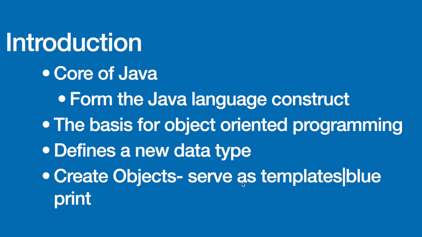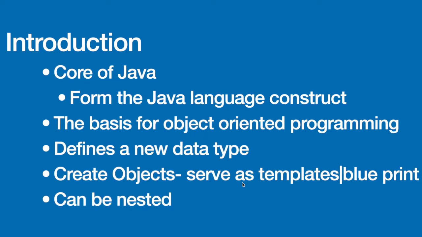So that blueprint is used as a guide to build different houses, any number of houses. Like that, classes are used as a blueprint to create as many objects as we want. So classes are a very important concept to understand in Java.